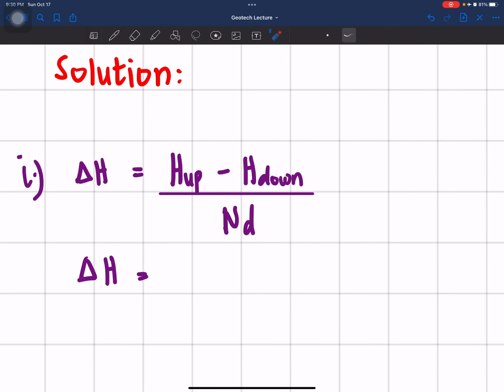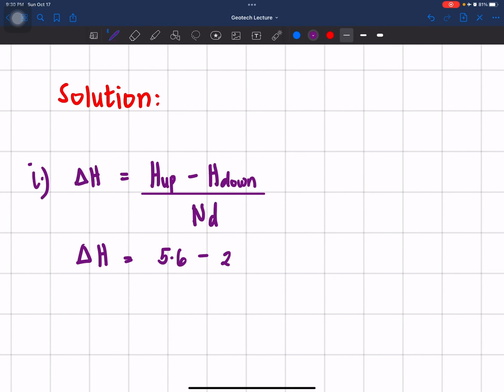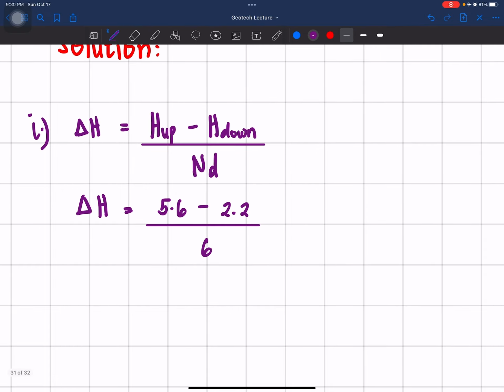So we have 5.6 minus 2.2, all over 6. And that is now equal to 0.567 meters. So that is your delta H.